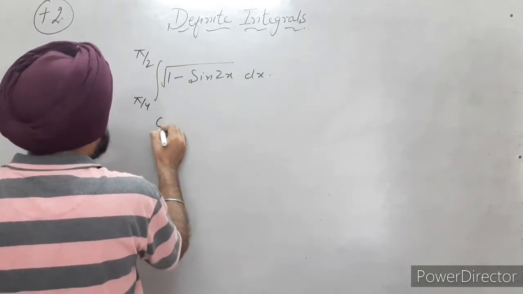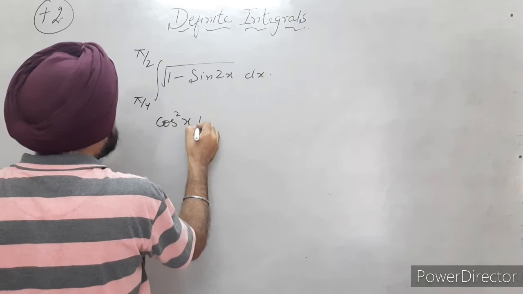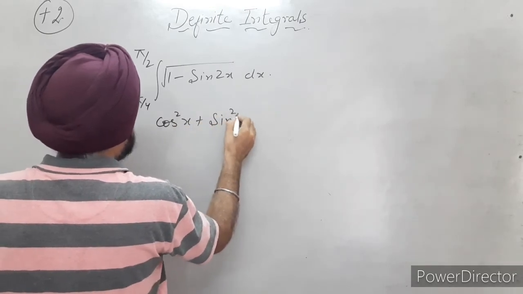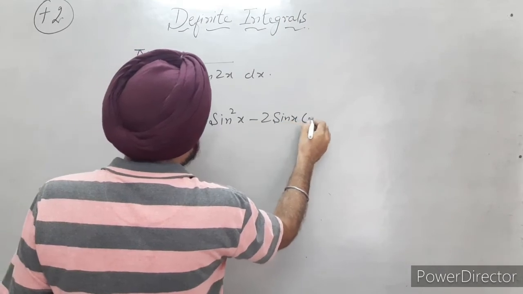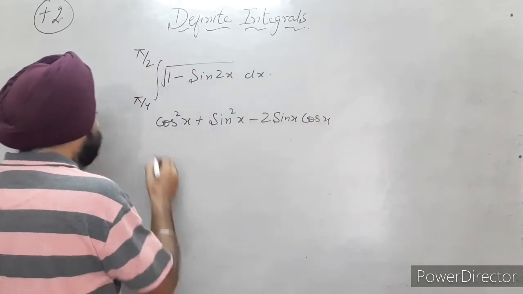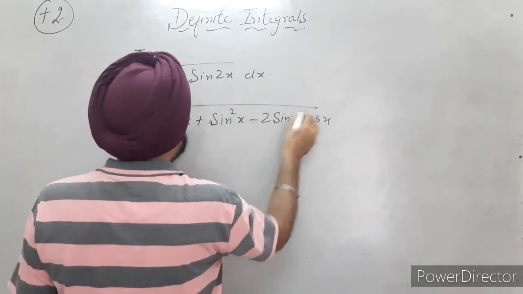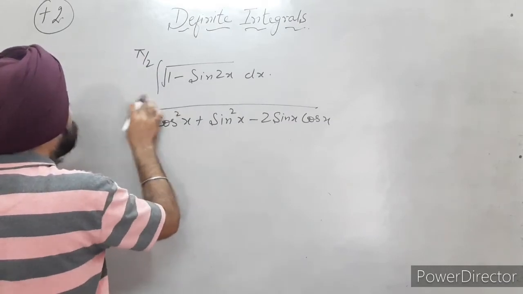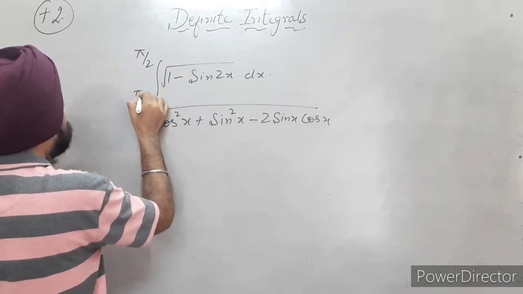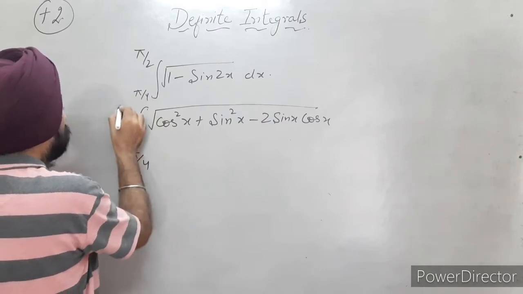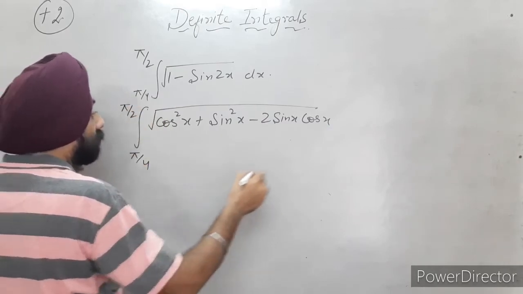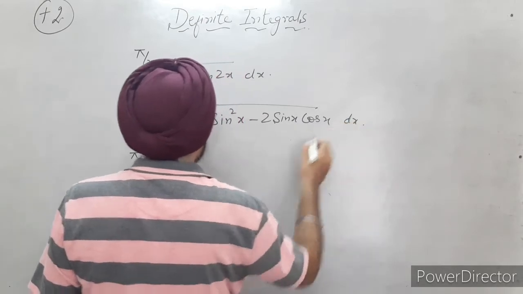I can write this expression as, in place of 1, and in place of sine 2x, like this: integral pi by 4 to pi by 2, this is dx.